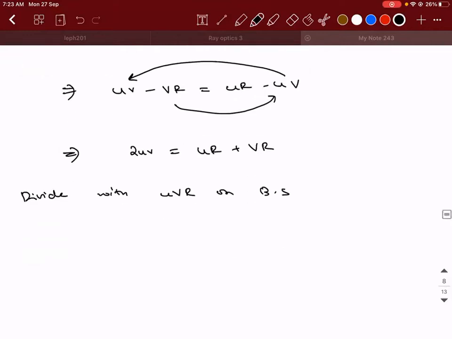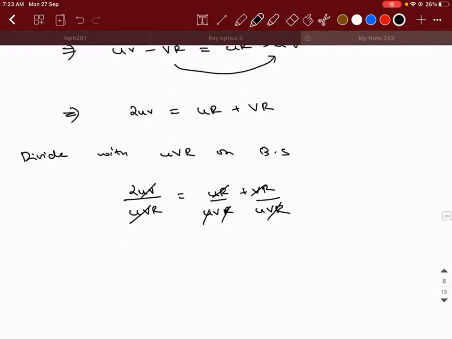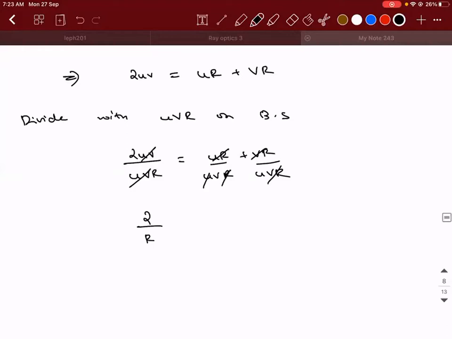When you do that, what will you get? 2UV divided by UVR is equal to UR plus VR divided by UVR. UV will get cancelled. UR will get cancelled. VR will get cancelled. So 2 divided by capital R is equal to 1 divided by V plus 1 divided by U.